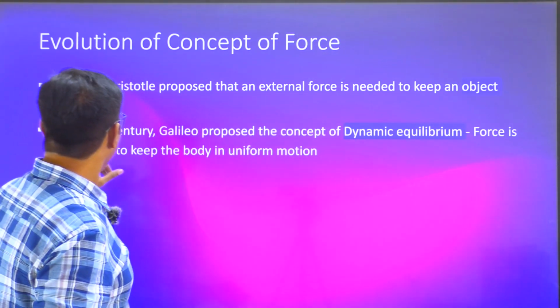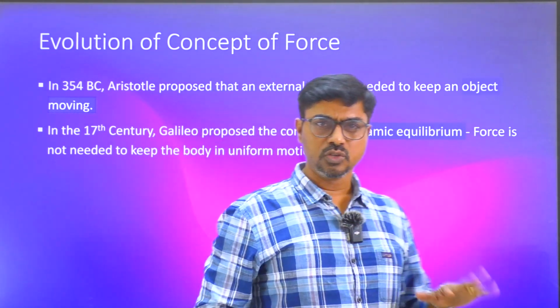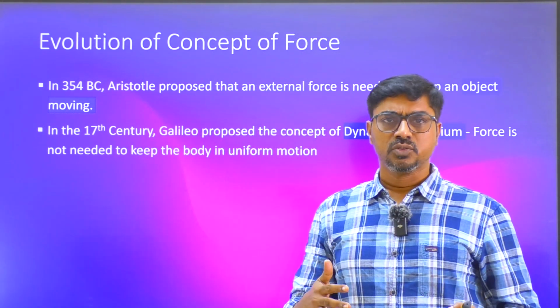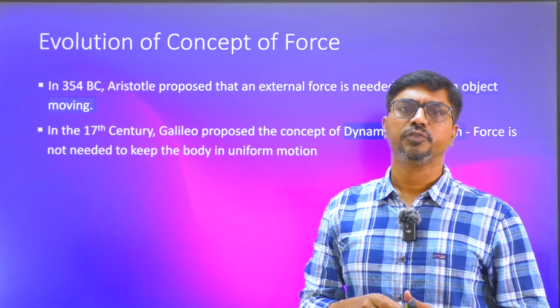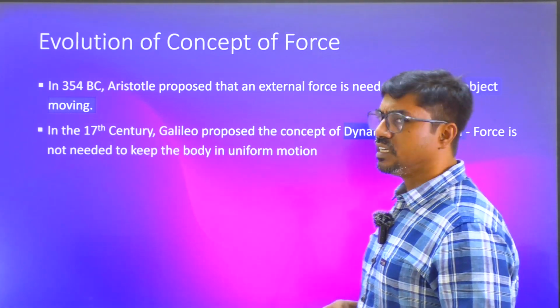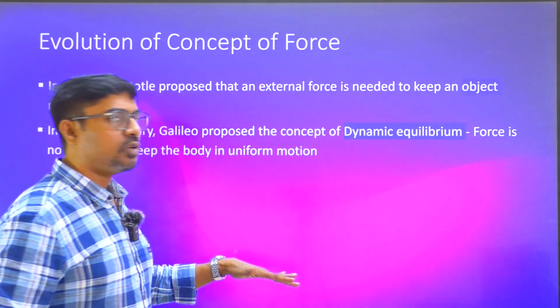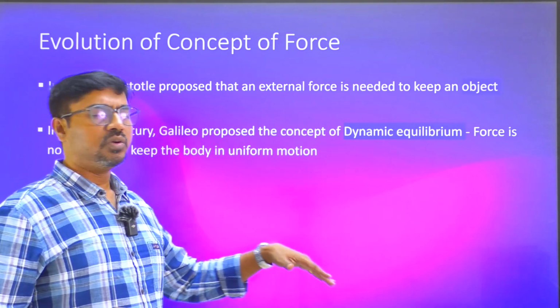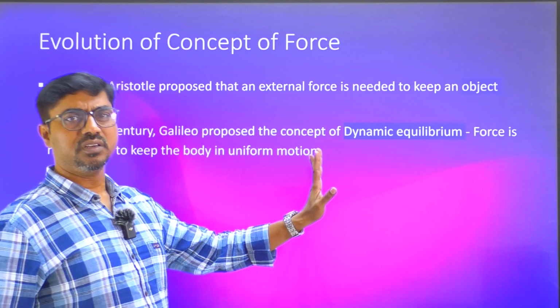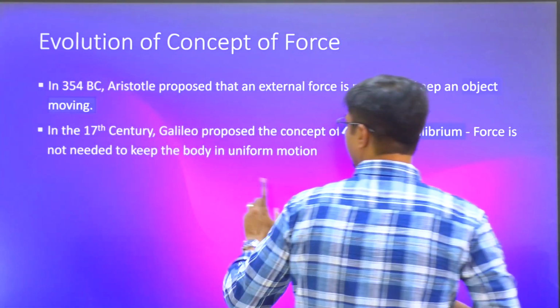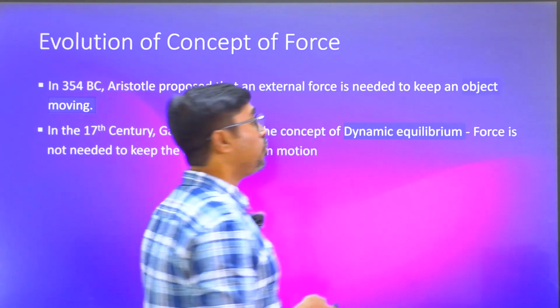So by the time you come to the 17th century, probably around 2000 years later, the concept of friction had been understood. You can change the friction of a surface by smoothing it and by applying lubricants. Conceptually, if you are able to make the friction zero, then you can move the body forever without applying force. So force is not needed to keep the body in uniform motion.